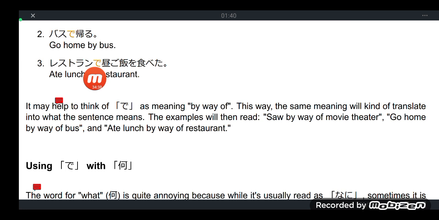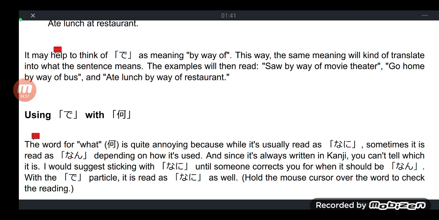By what kind of place did a person eat his lunch? Restaurant, this is the kind of place. By what kind of place? And then followed by the de, as the person ate his or her lunch.